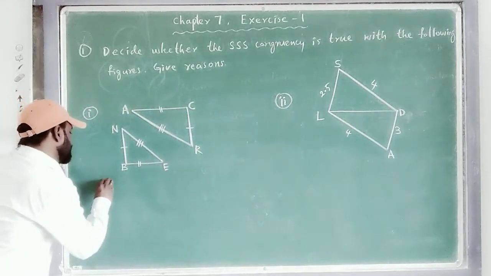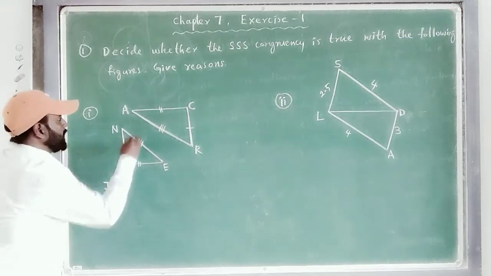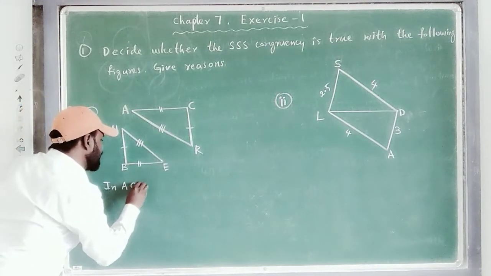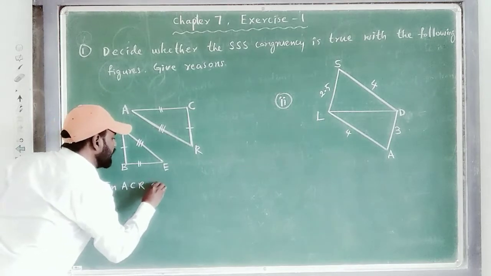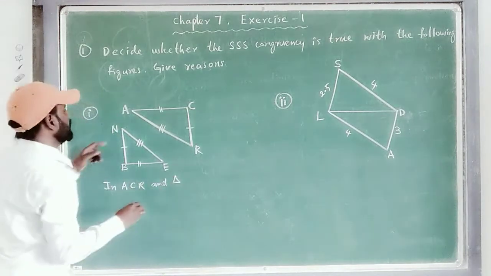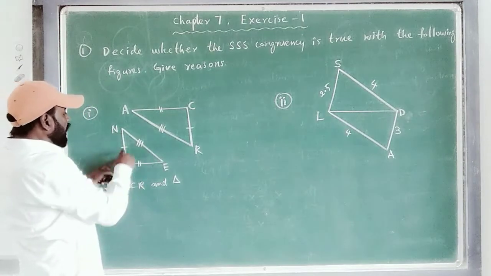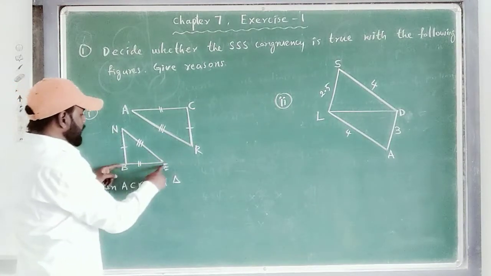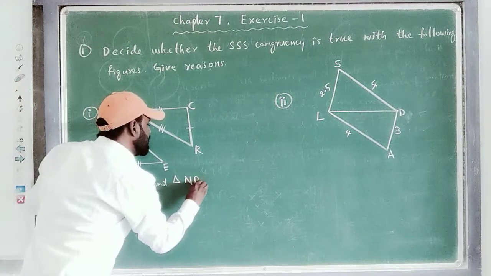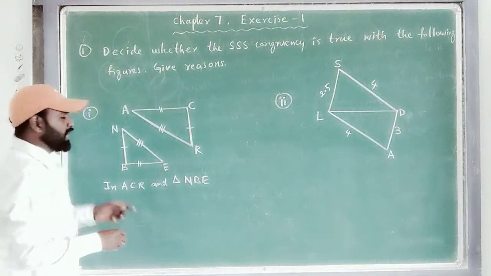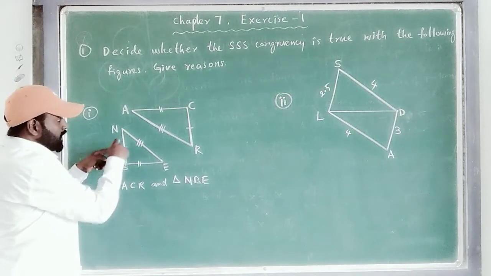So in the comparison, triangle ACR and here I am taking NBE.